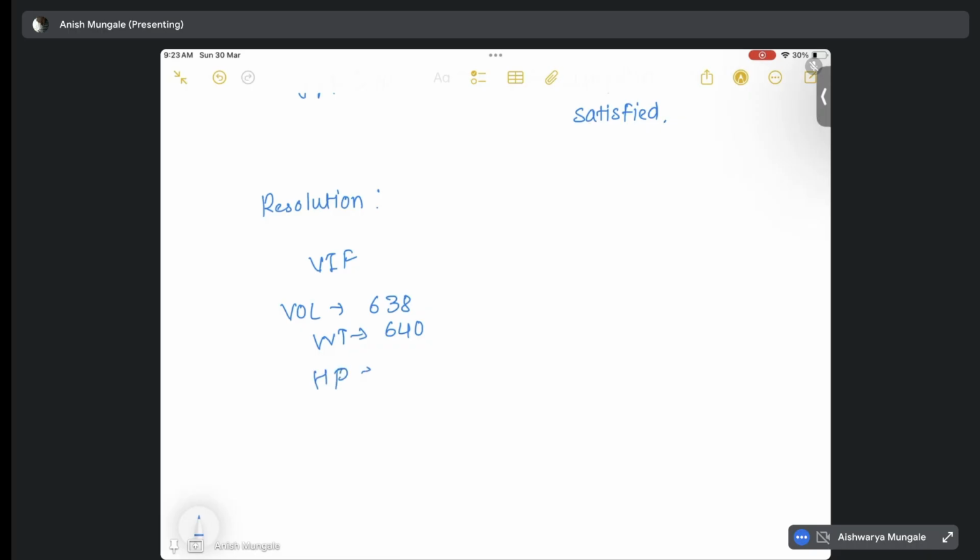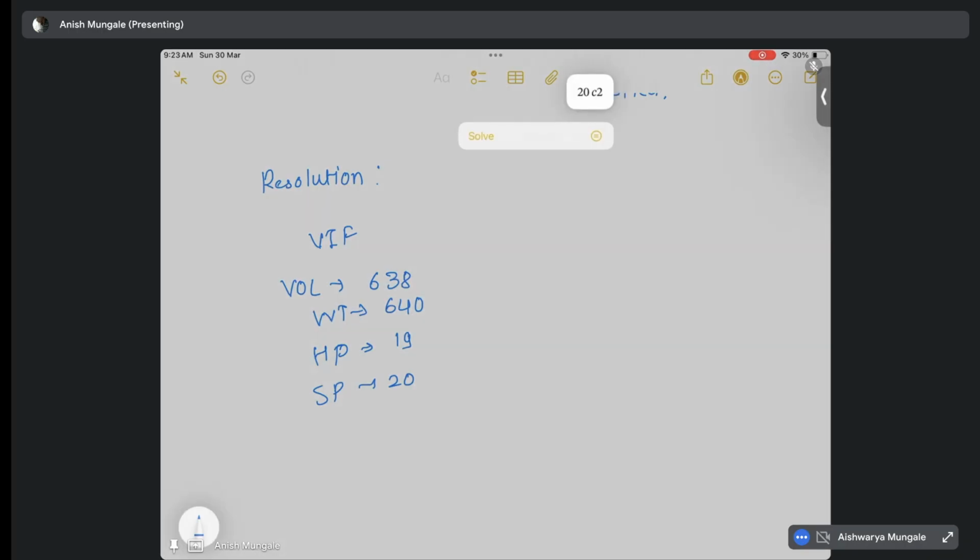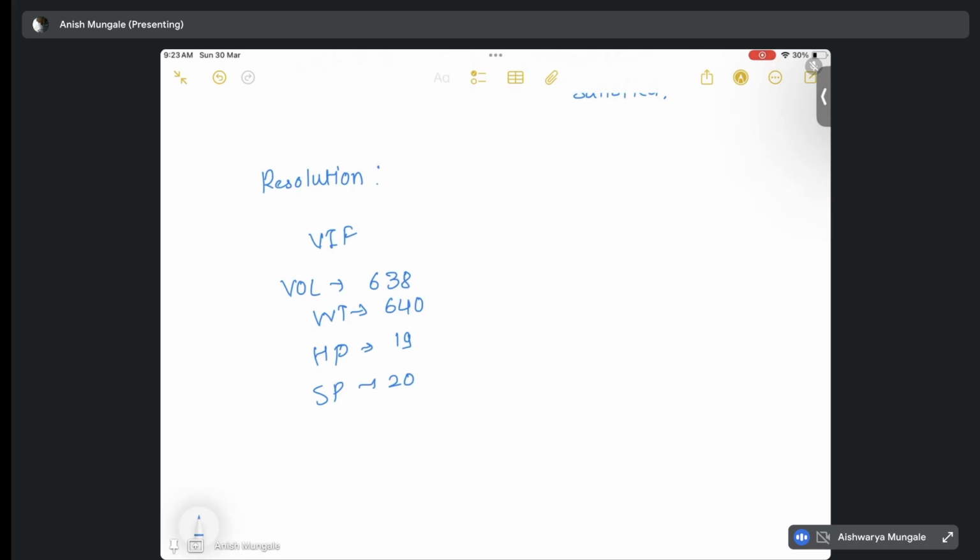Horsepower, 19. SP, 20. Now I can see that all the values are higher than 10. So definitely the features are not independent.